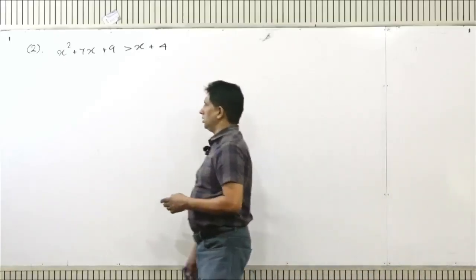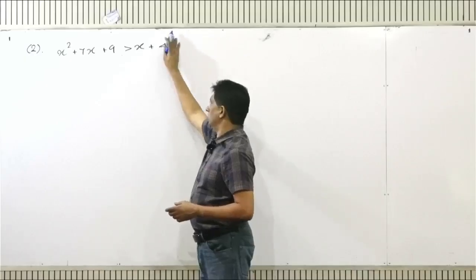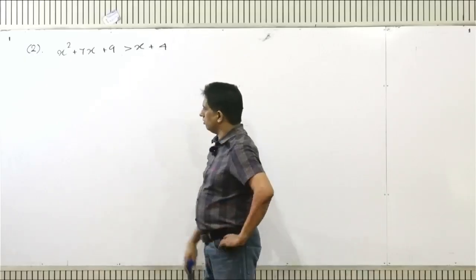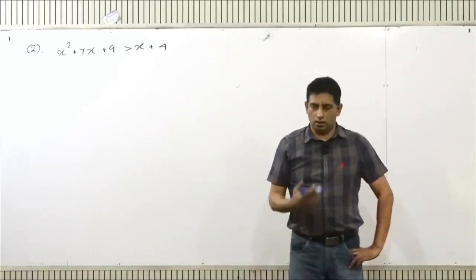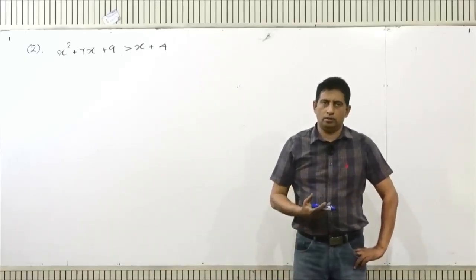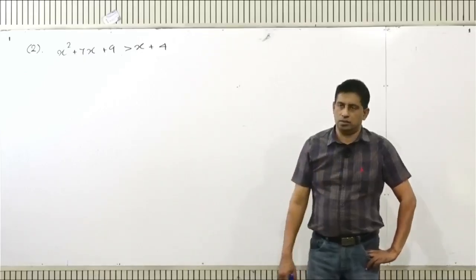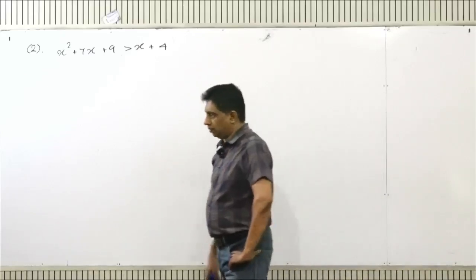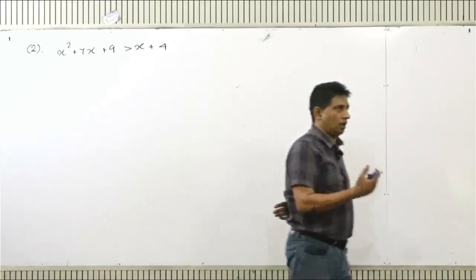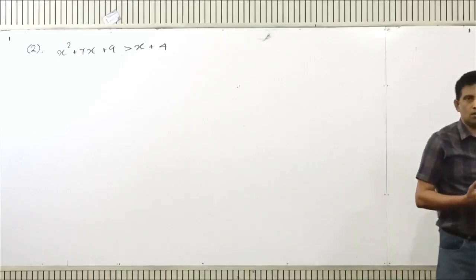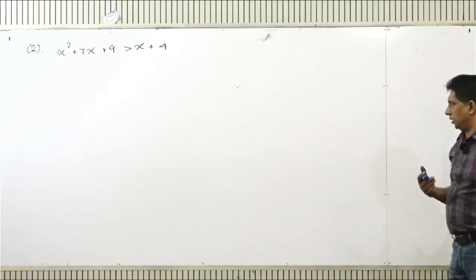Then you can understand that the right-hand side of this inequality is a linear function and the left-hand side is a quadratic function. So this is a quadratic inequality. First you have to identify what type of inequality this is. Then you have to remember how we can solve it. Since this is a quadratic inequality, we have to use the sign method.